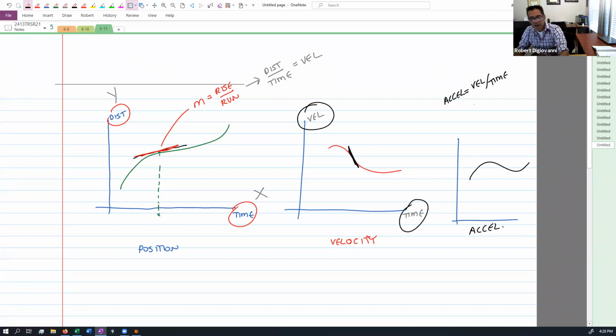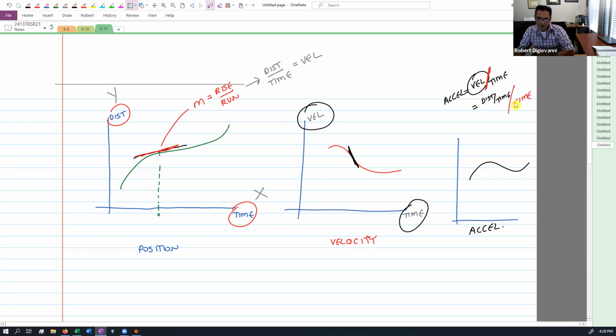And this is why when you're in a physics class and they talk about acceleration, like the acceleration of gravity is what, like 9.8 meters per second per second? Have you all heard that before? 9.8 meters per second per second. It's because velocity is distance over time, but then you're dividing that again by time.